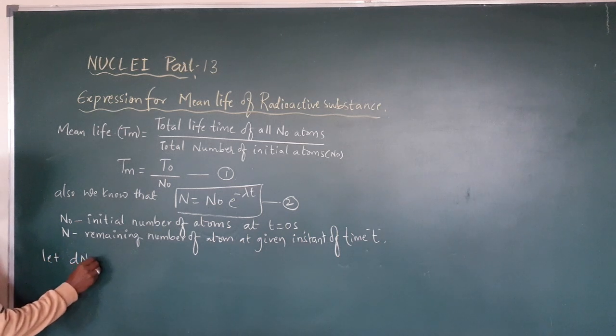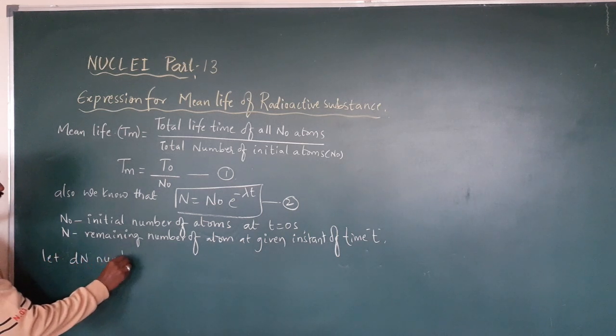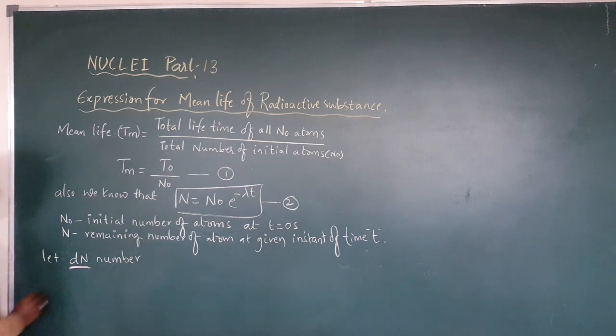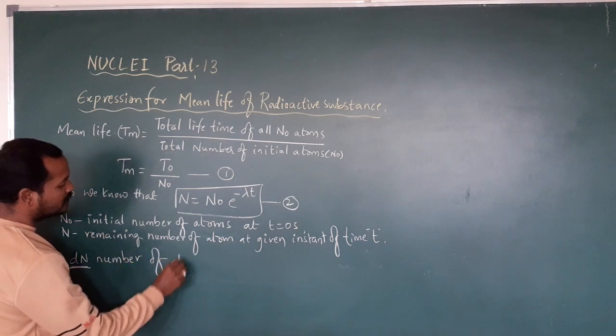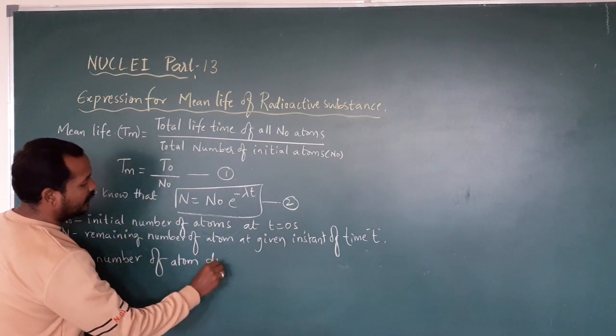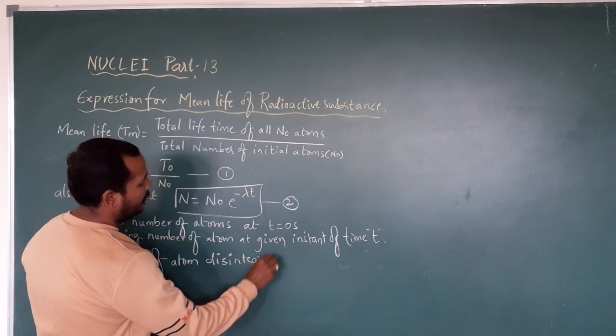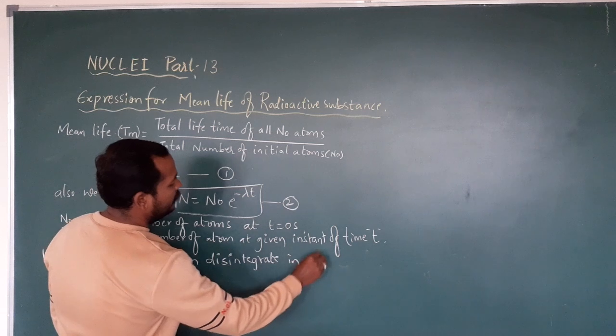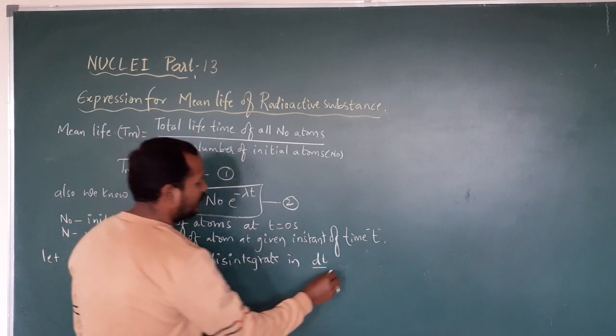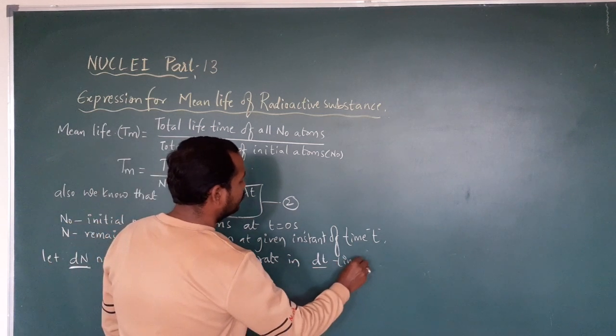So let dN number of atoms disintegrate in dt time. Correct?